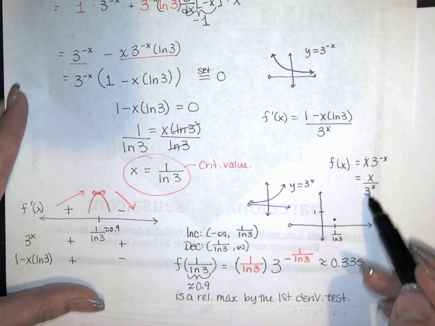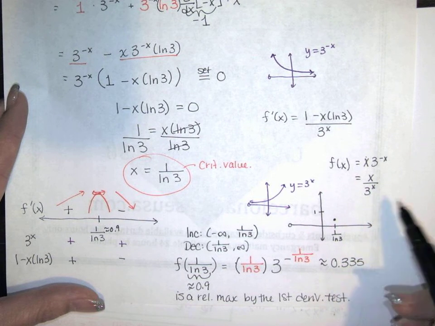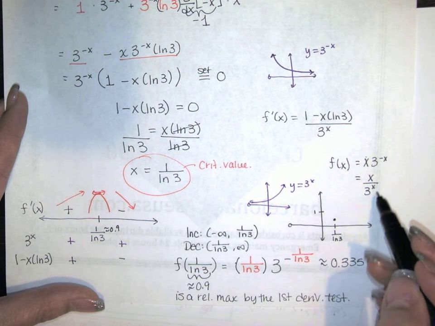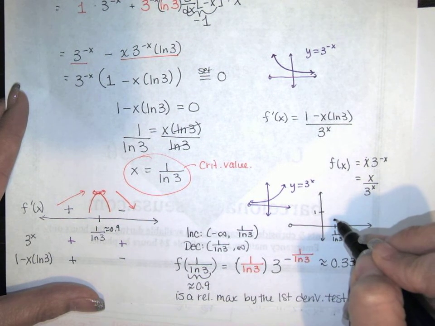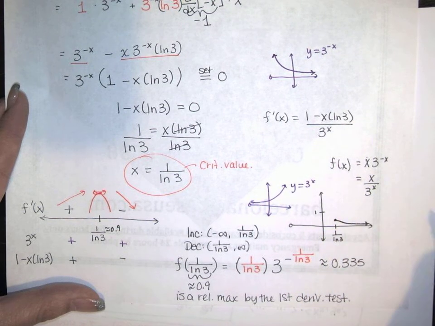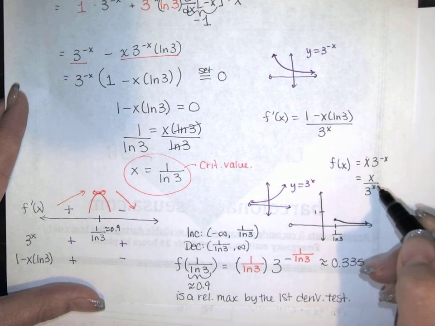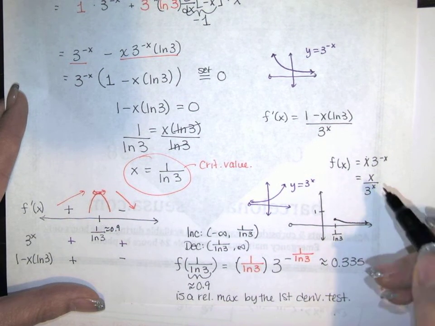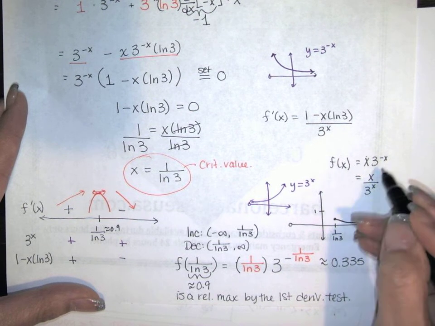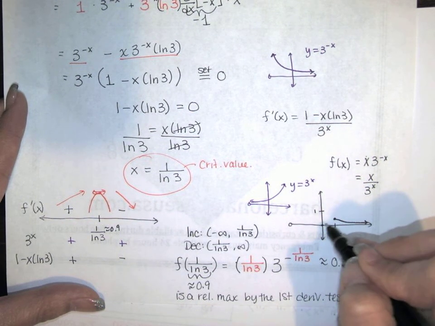When x is positive, we get a positive number over a positive number, so we get something that's approaching 0 from the positive side. When x is negative, I've got a negative over a positive, so it's approaching 0 from the negative side. When x is 0, of course, we get 0 here.